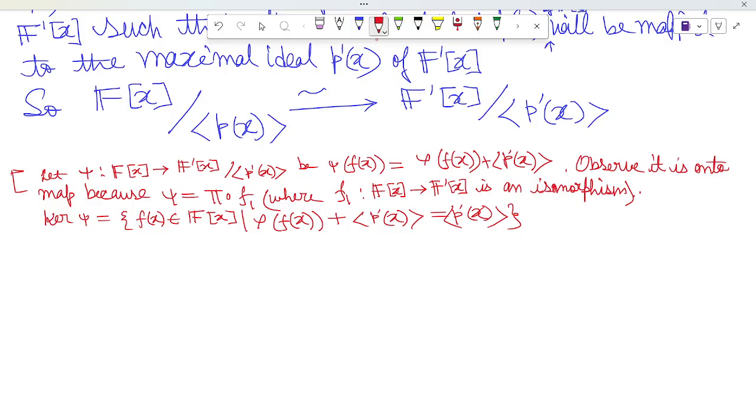That means all those f[x] such that phi of f[x] is contained inside p dash x.